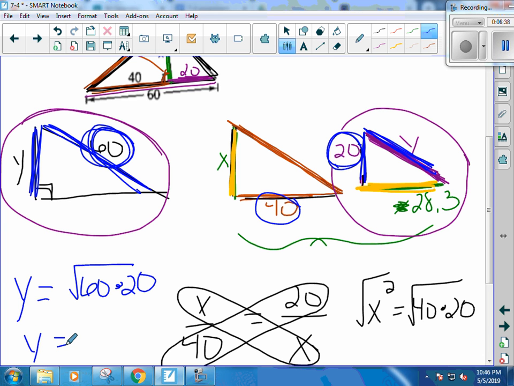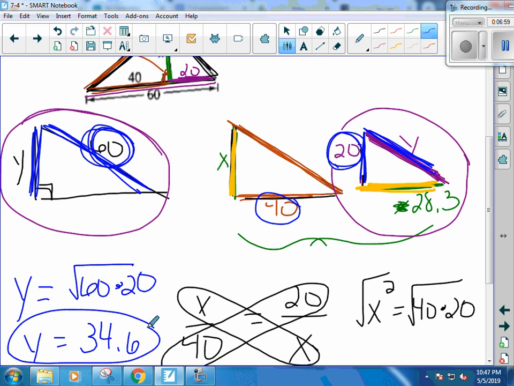Type in the calculator. Square root of 1200 is 34.6. Okay, so if that makes good sense to you, you can go on and start in on the assignment.